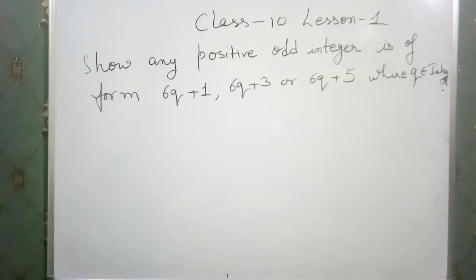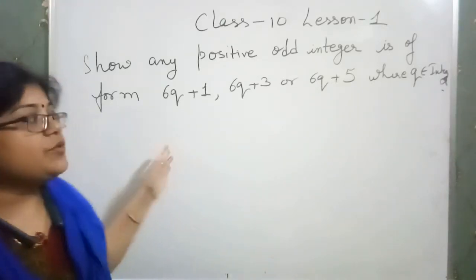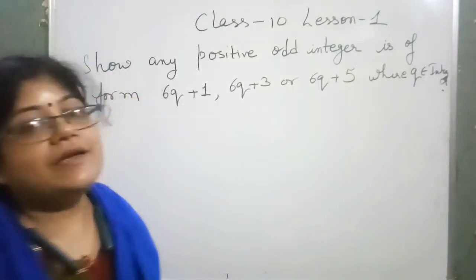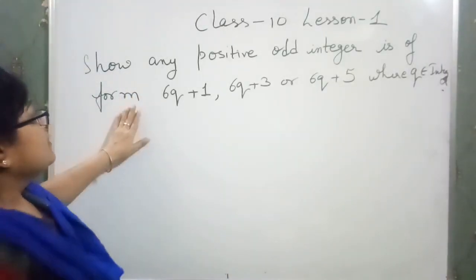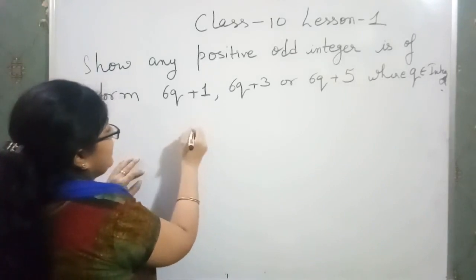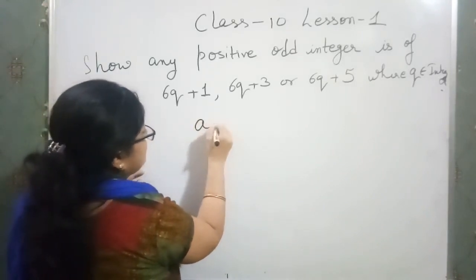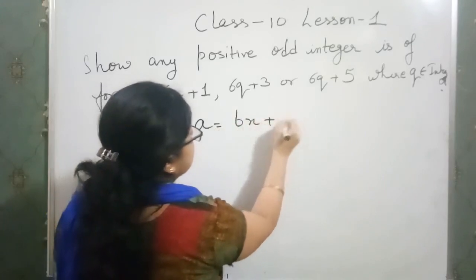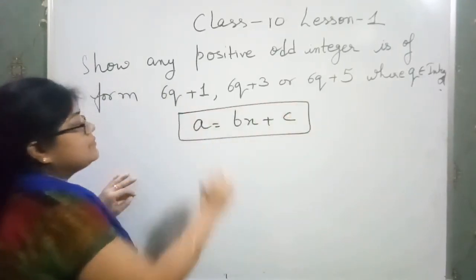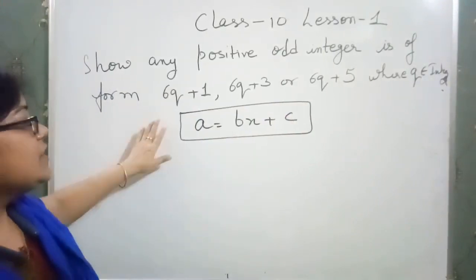Yeah, we have seen these types of questions in our textbook, and we are not able to understand how these can be solved. By Euclid division algorithm, we have a equal to bq plus r. This is the form of the Euclid division algorithm.